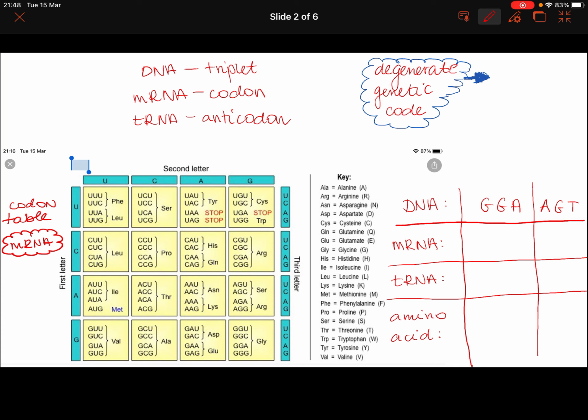So when it comes to past paper questions and you are asked to work out the name of the amino acids coded by mRNA or DNA, depends on which sequences you are given, you need to use the codon table. So we're going to have a quick practice here.